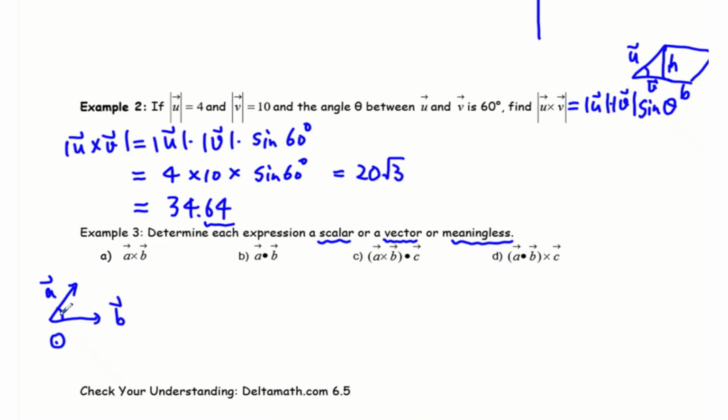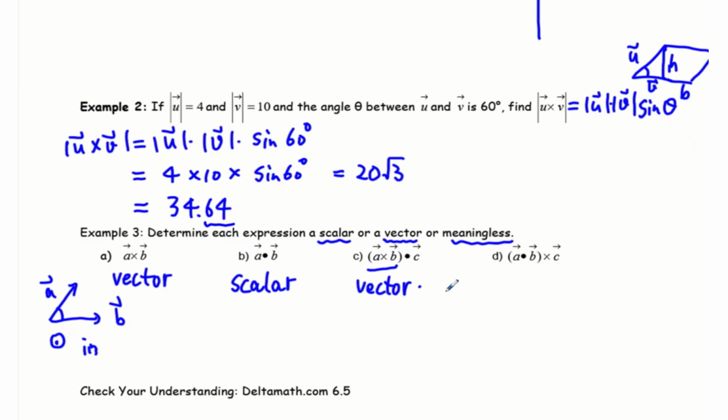Then your thumb direction is the direction of the cross product. So this is a vector, the final answer for it. The dot product of two vectors will be the work, so it will be a scalar. And A cross B is a vector.